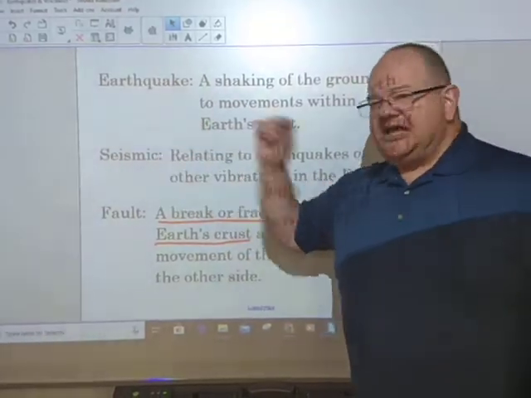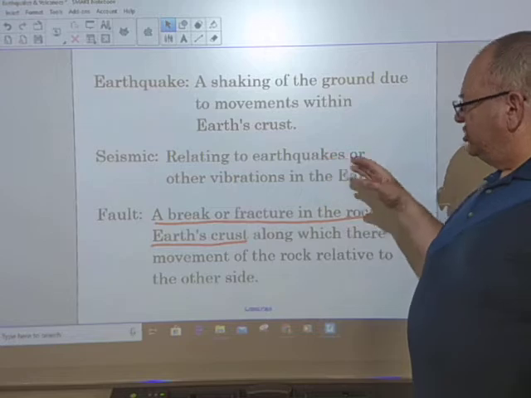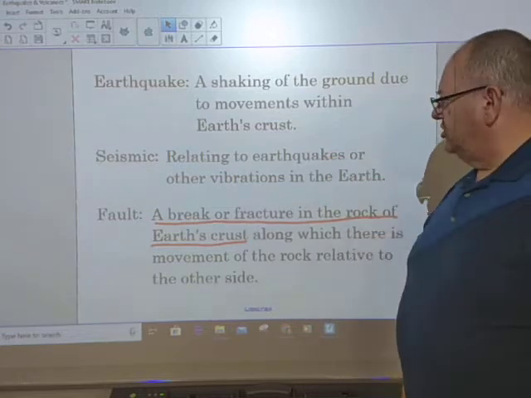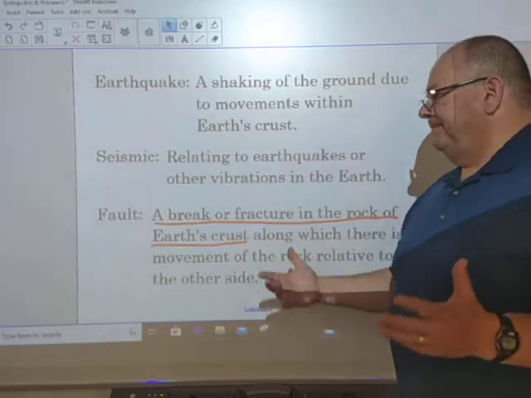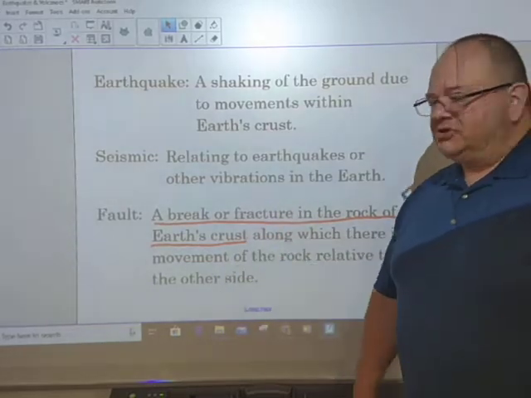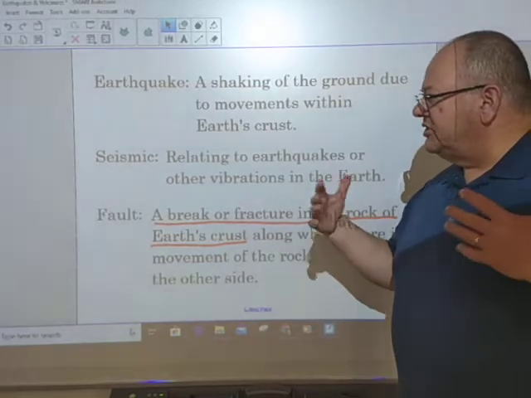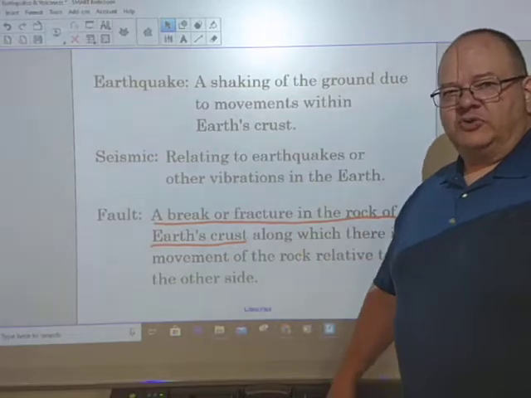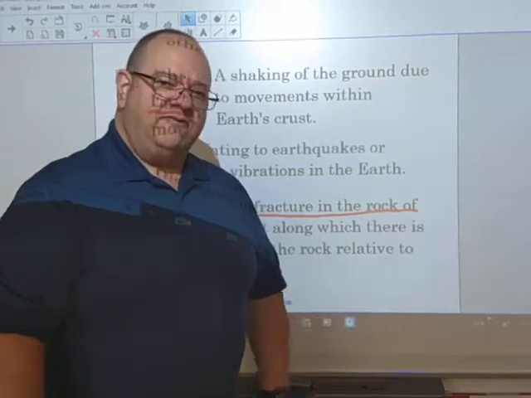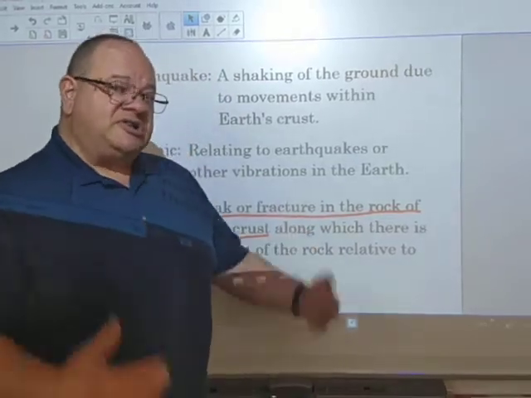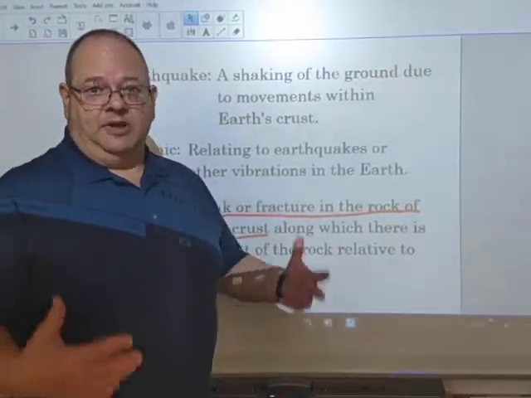The word seismic relates to vibrations traveling through the Earth. So it's earthquake vibrations, big bombs. There are things that cause vibrations in the Earth. Literally, if I go stomping my feet, I'm creating vibrations in the Earth. Those are seismic phenomena.